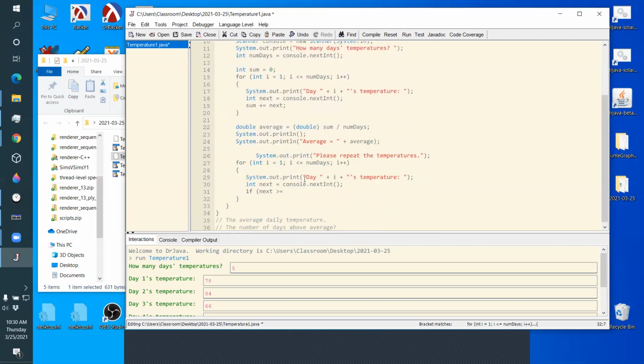Okay, so now I can say if next is greater than or equal to the average. What do I want to do if that is greater than the average? If the temperature was above average, what do I do?